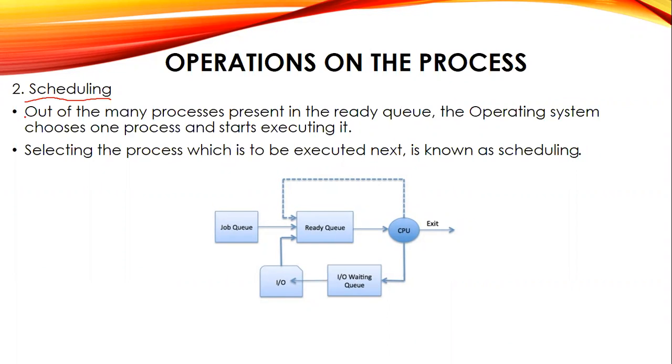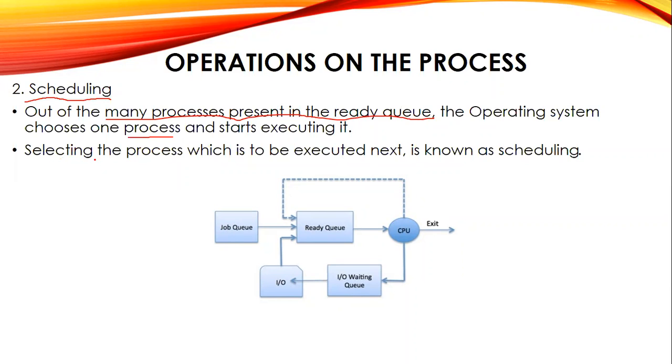Scheduling. Out of the many processes present in the ready queue, the operating system chooses one process and starts executing it. So in the ready queue, there are many processes present, but the operating system, according to some rules, chooses one of them and executes it.